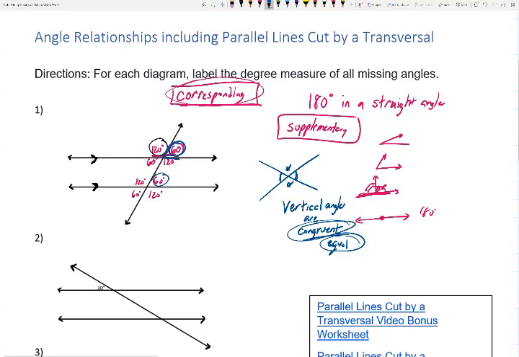It corresponds to that one. They're in the same upper right corner, if you were to say. And so all those corresponding angles are going to be congruent. So corresponding angles are congruent. So I walked through that one very slowly, and then we're going to walk through the next ones more quickly. So there we go.